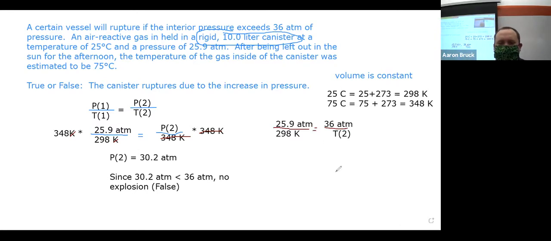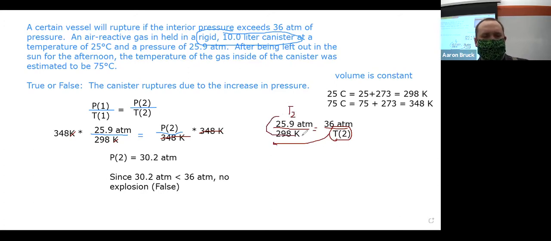Now this one will be a little bit trickier because you've got a variable in the denominator, which means that basically you have to switch places. T2 comes over here.